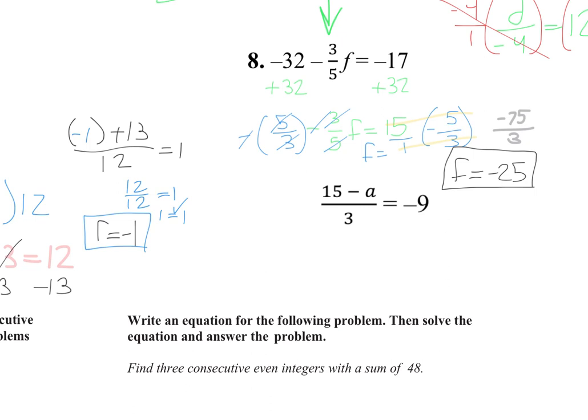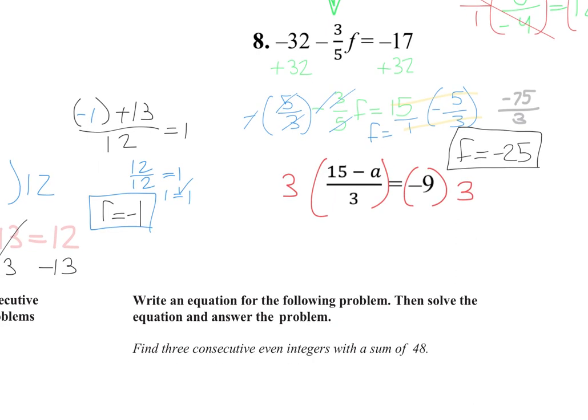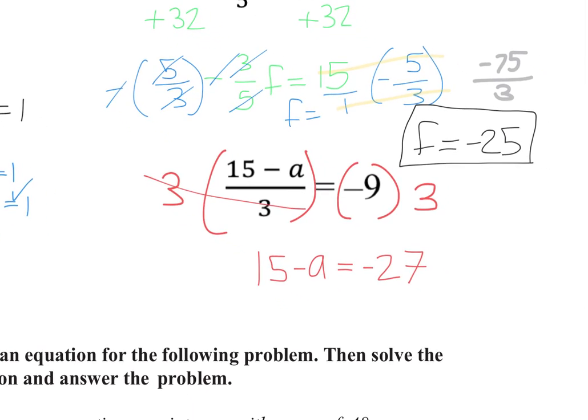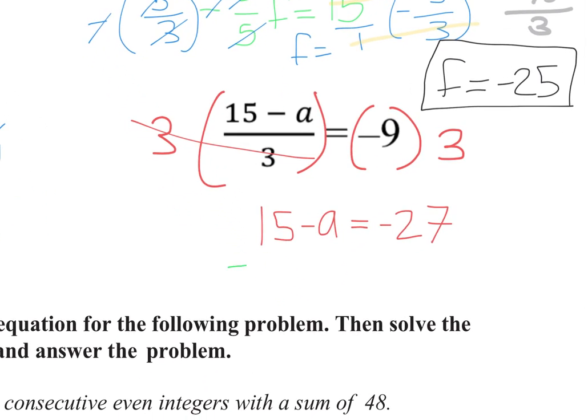Here's another one, division prison. We need to multiply both sides by 3 to get rid of that denominator. I need to subtract 15 on both sides.